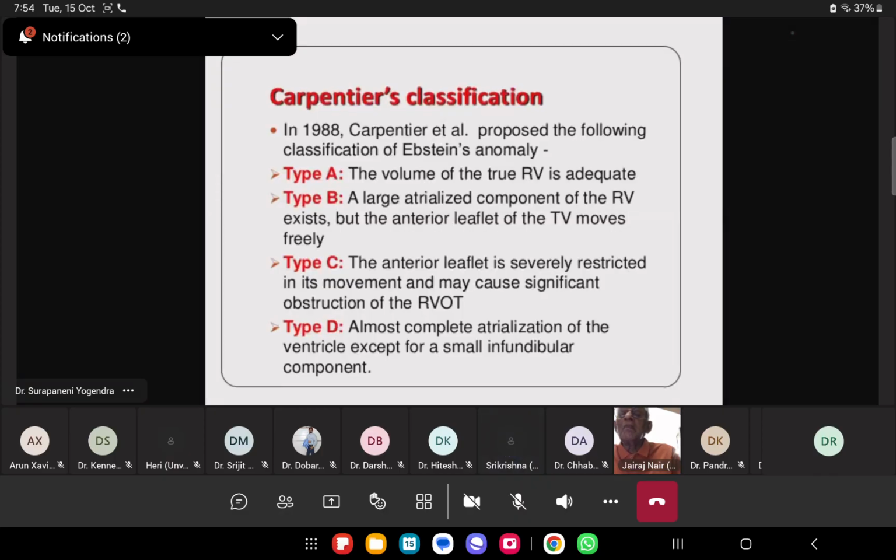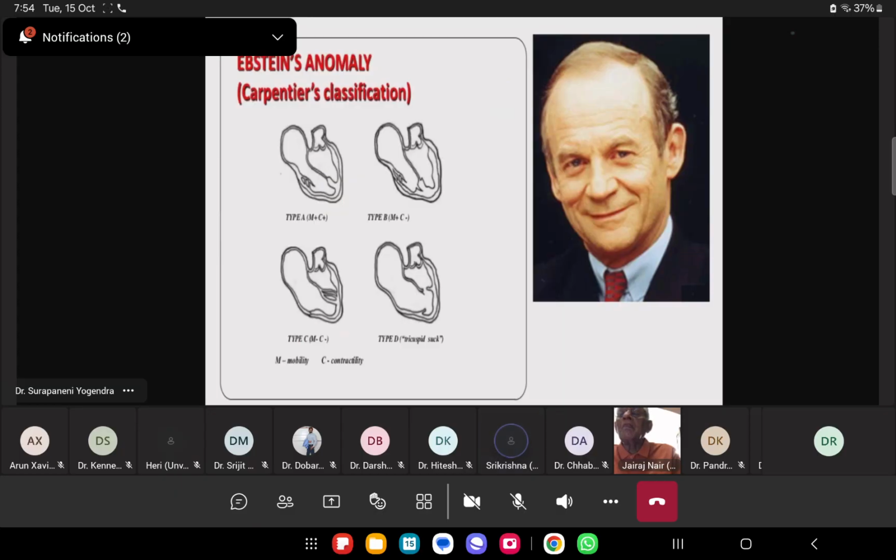Type C: the anterior leaflet is severely restricted in its movement and may cause significant obstruction to RVOT. Type D: almost complete atrialization of the RV except for a small infundibular component. So the images show type A to type D.